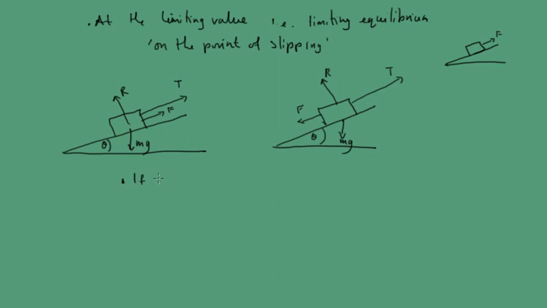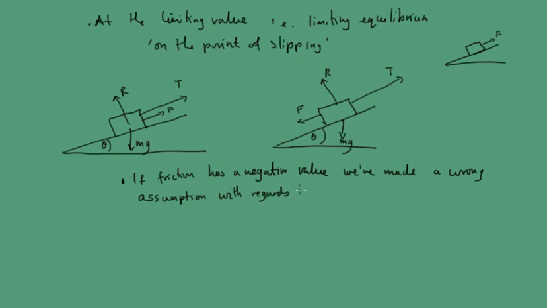If we assume that friction acts in one direction when solving the equation, and friction has a negative value, we've made a wrong assumption with regards to the direction of motion.